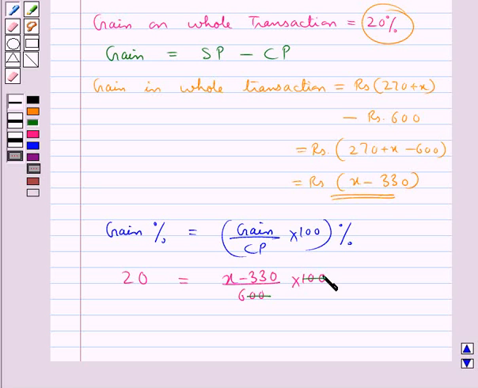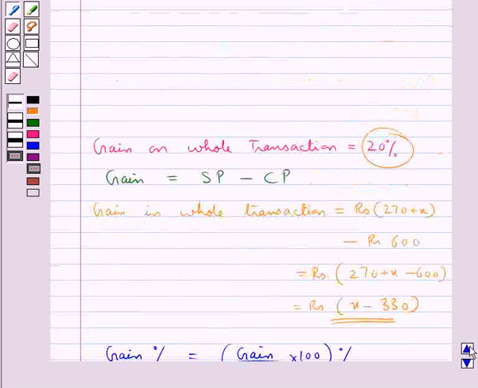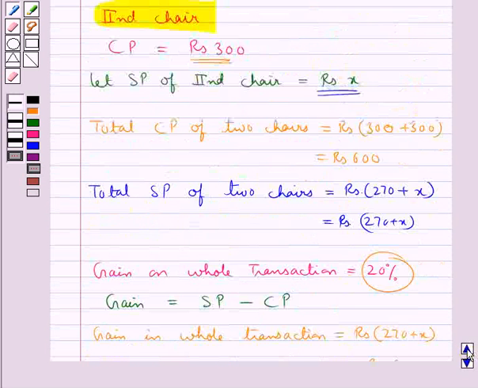Now solving this, we get X minus 330 is equal to 120. So this means X is equal to 330 plus 120, which means that X is equal to 450. And we had assumed X to be the selling price of the second chair.